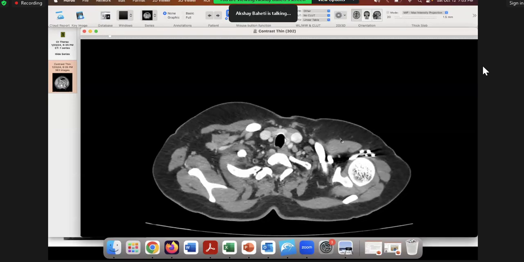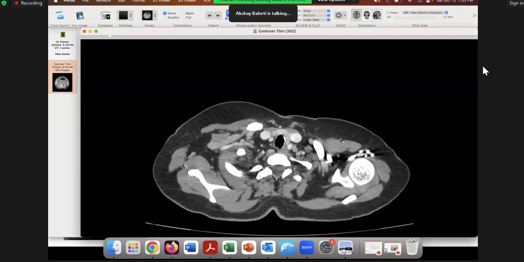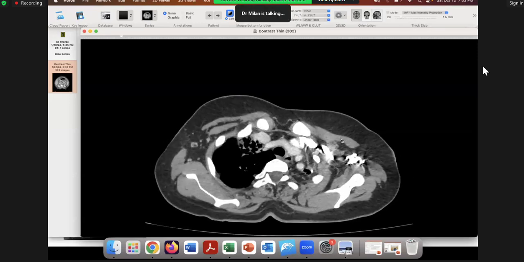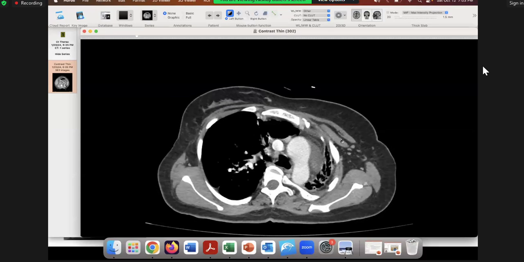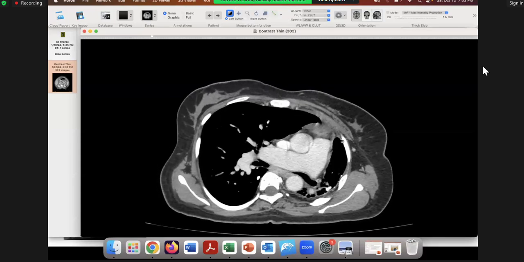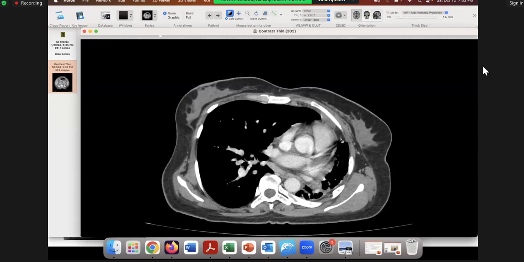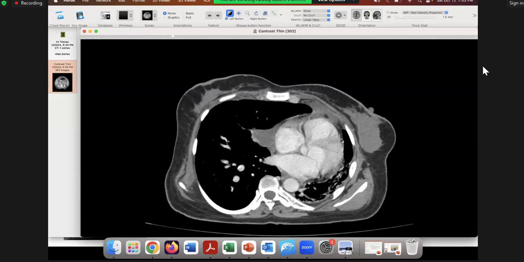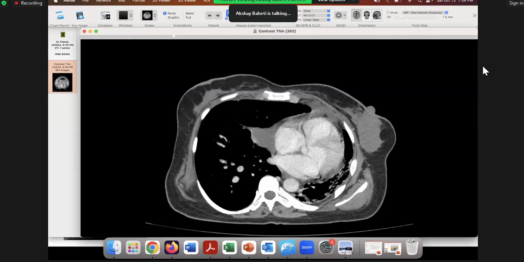Yeah, you want to just start with what do you see in the thorax? Yes, sir. Can you scroll down the chest once more? Yeah, I'm scrolling down. Do you see anything here?